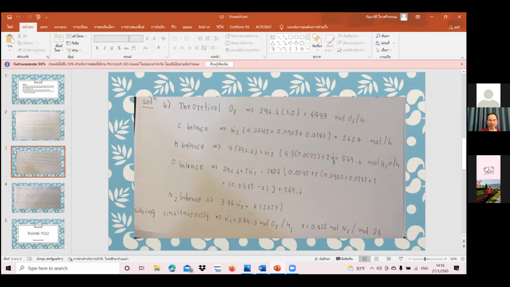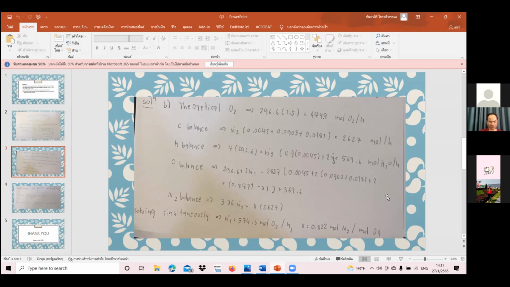So in order to get this, we need to use the mole of methanol and then multiply by the stoichiometric coefficient of O2, which is 3/2 or 1.5. Okay, thank you. This is the theoretical oxygen that we calculate from the stoichiometry equation.